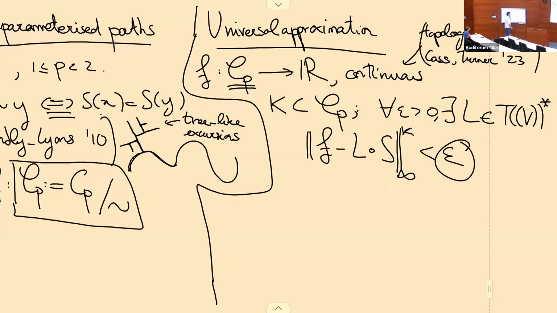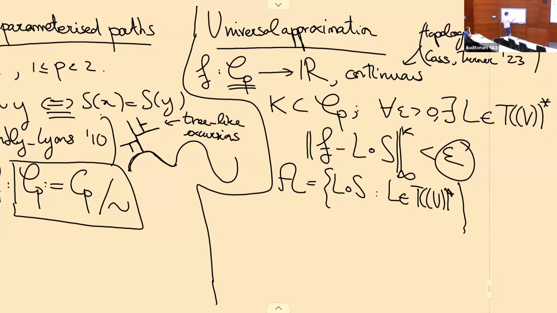Another, equivalent way of saying this is: let's take A to be the space of linear functionals acting on the signature, where L is a linear functional.